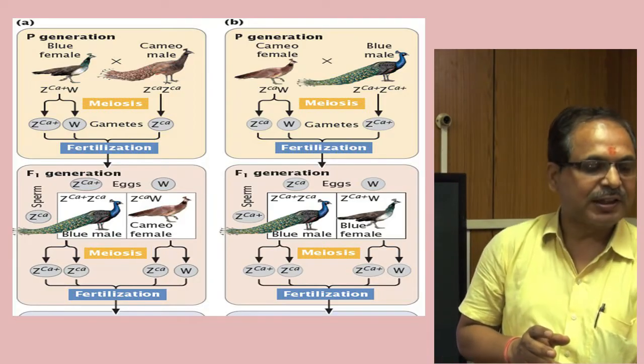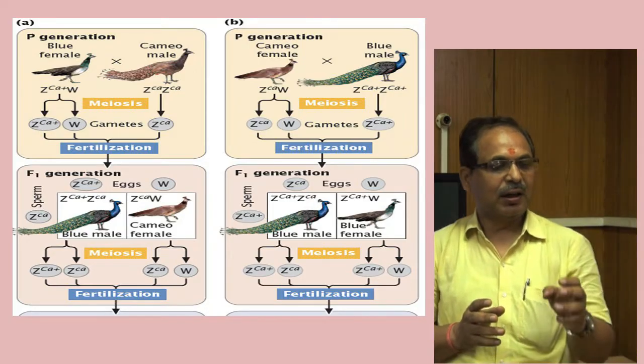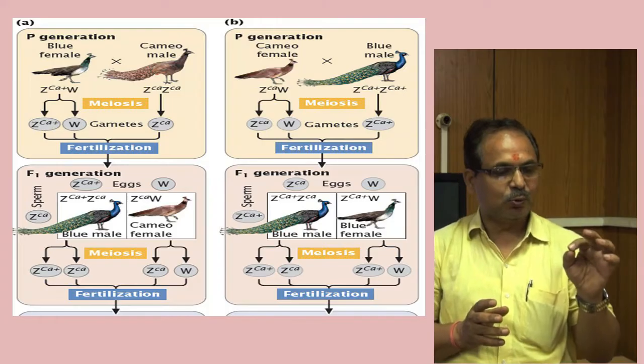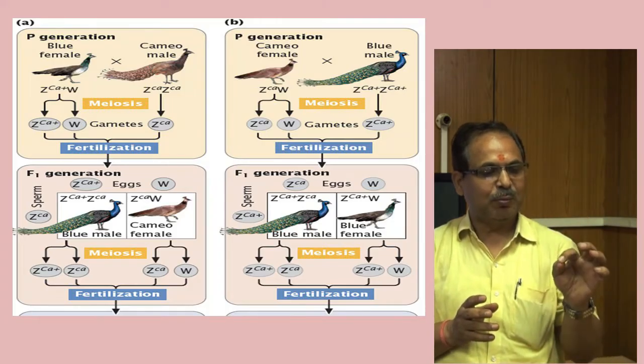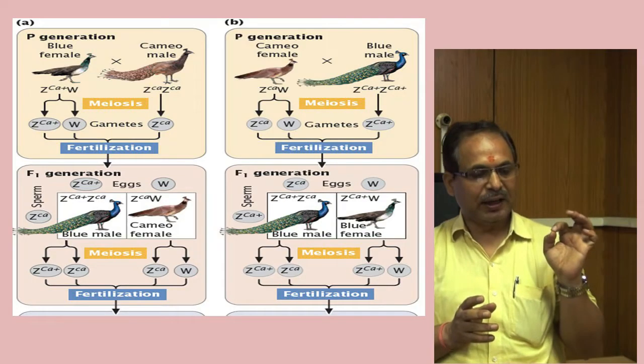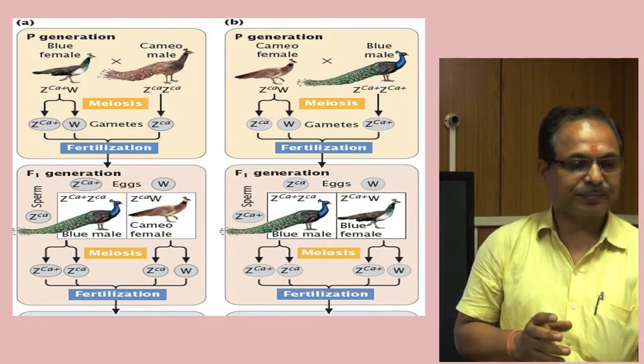In F2 generations we have one blue male, one cameo male, one blue female and one cameo female.